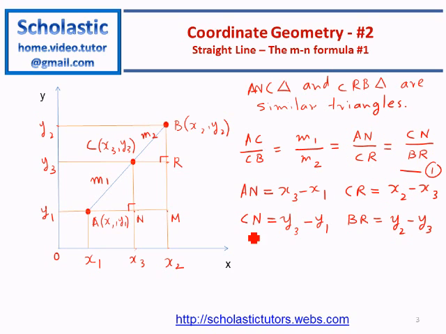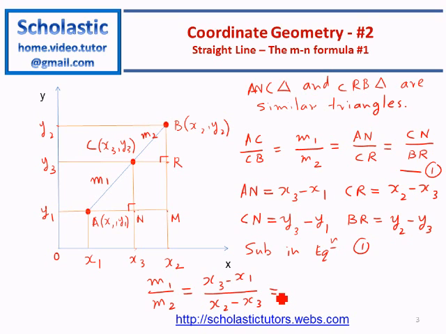So if we say this one, equation 1, substitute in equation 1, we get M1 divided by M2 is equal to AN, which is x3 minus x1, divided by CR, which is x2 minus x3, and equal to CN, y3 minus y1, divided by BR, y2 minus y3.